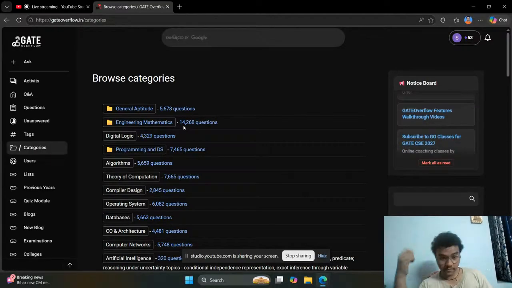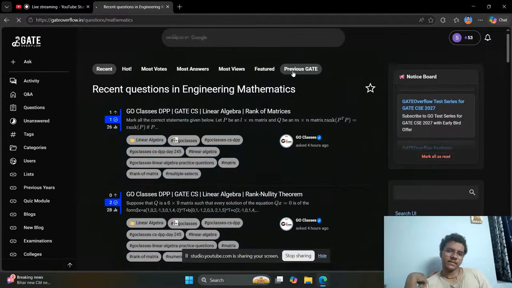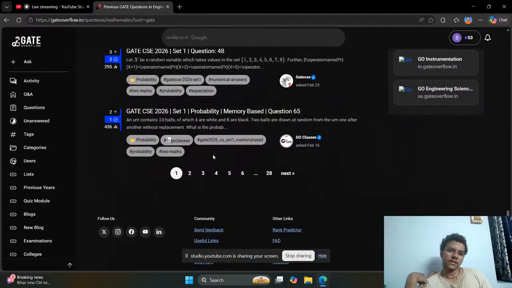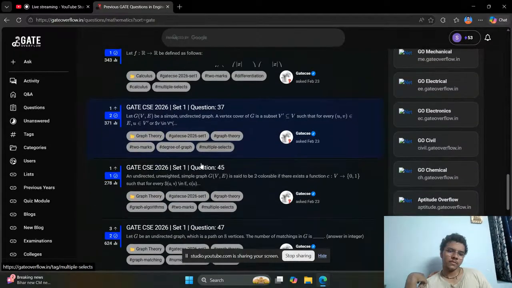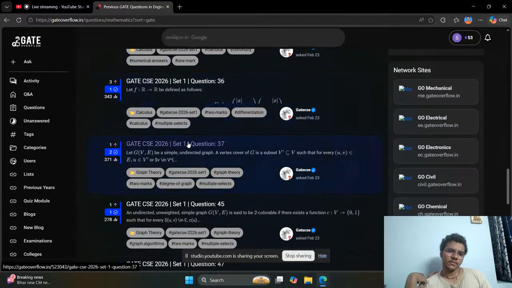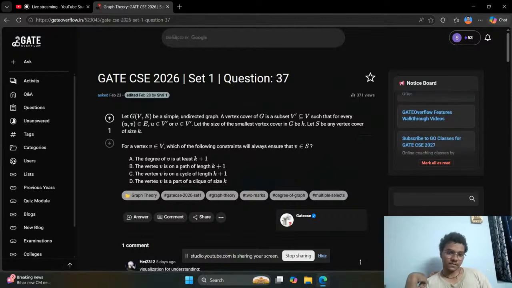So where were we previously? We were doing some engineering mathematics. I think we were stuck at that one graph question, the one about the two coloring problem. We did this one. Yeah, this one.